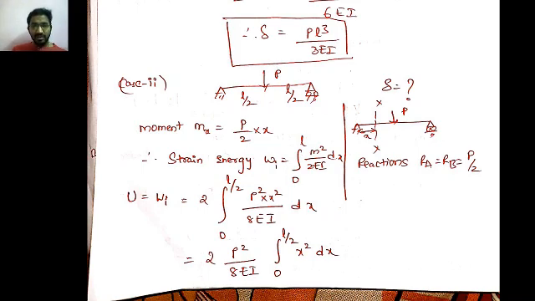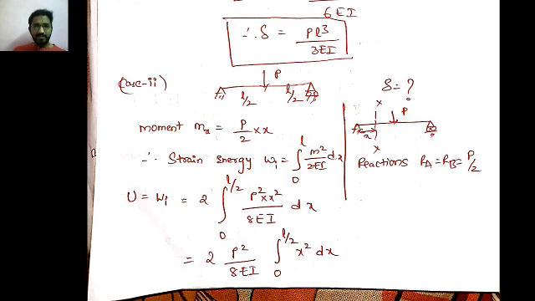Here the load is acting at the center, at the middle of the beam. That's why I am changing this integration by multiplying by 2. This is a mathematical integral operation, so you should not worry about that. So 2 into integral 0 to L by 2.